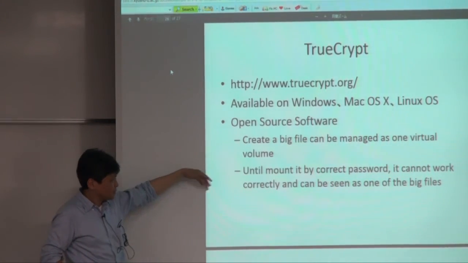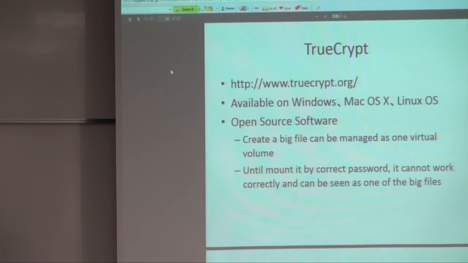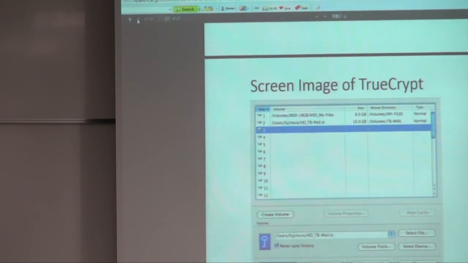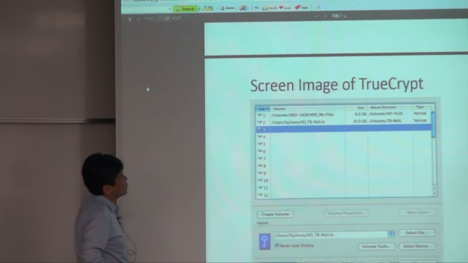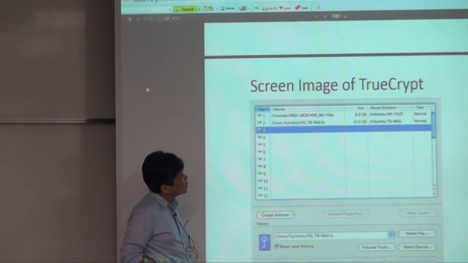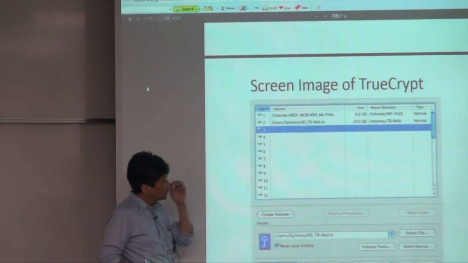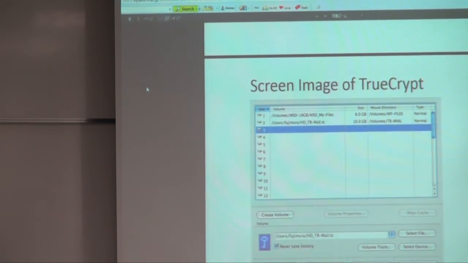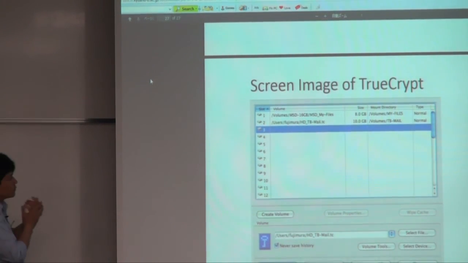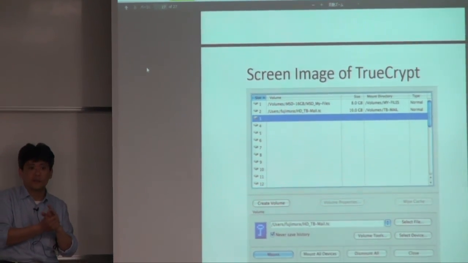This purpose is the same as I already explained on the previous page. Oh, this is one of the screen images of TrueCrypt running on the Mac PC. Okay. So this is the end of today's lecture.